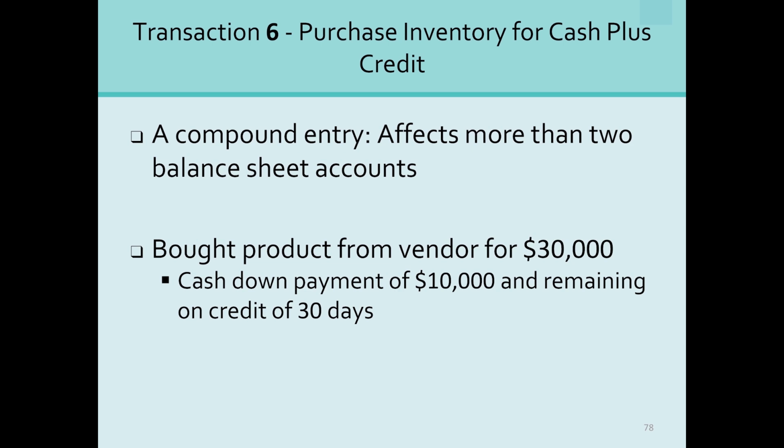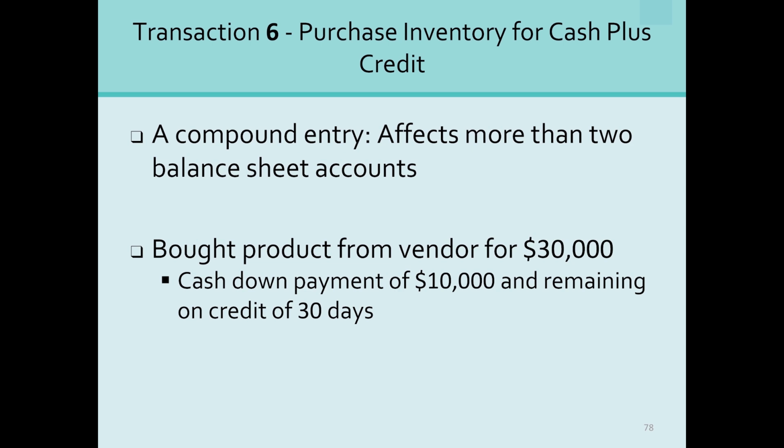Effectively, from an accounting perspective, it is the same entry. So, the compound entry can be broken down into two simple entries. Are you getting it? So, what did we do? We bought, look at number 6.